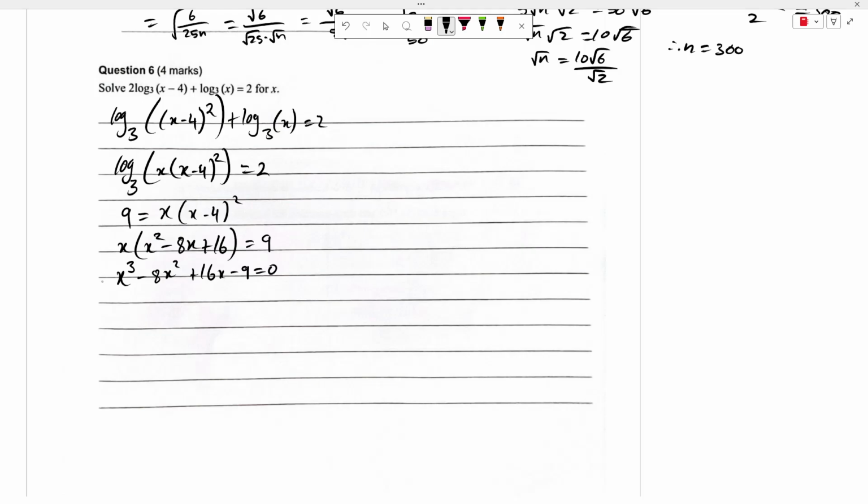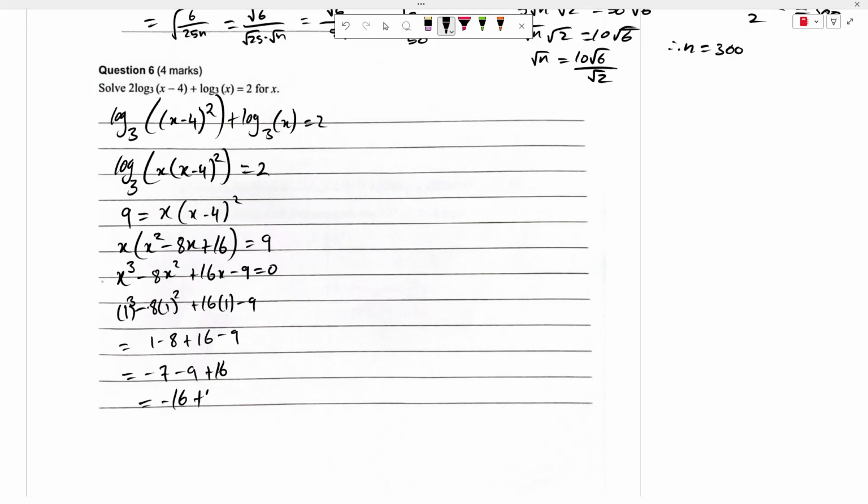Let's try x equals 1. So we get 1 cubed minus 8 times 1 squared plus 16 times 1 minus 9. That's going to be 1 minus 8 plus 16 minus 9. That's going to be minus 7 minus 9 plus 16.